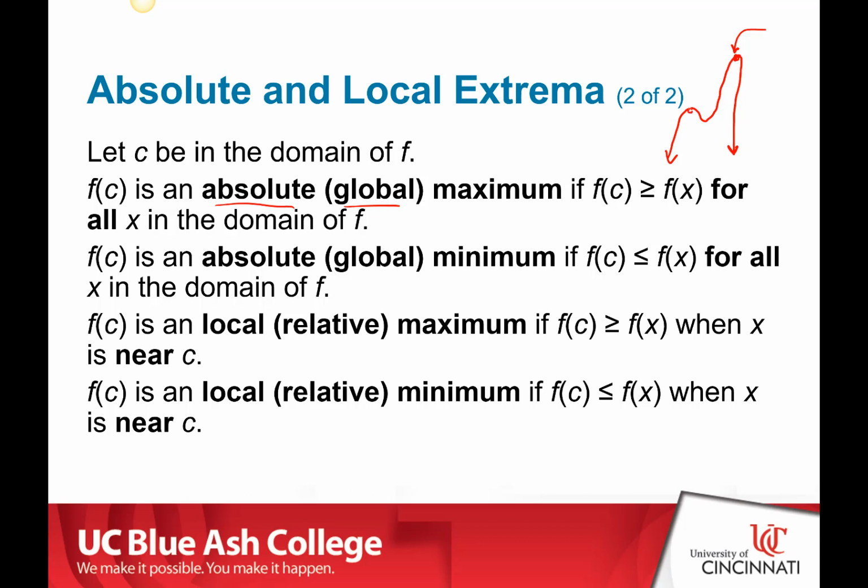So something like this, that might be the highest hill in Cincinnati, would be a local maximum, but not a global maximum. This point right here would be a local minimum, and it would also be a global minimum.